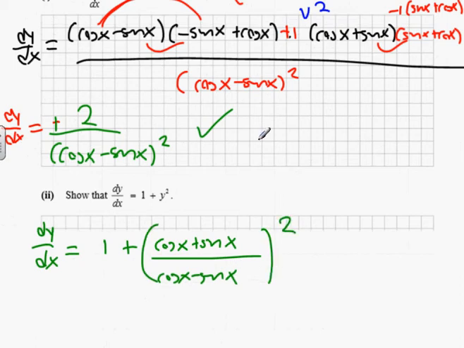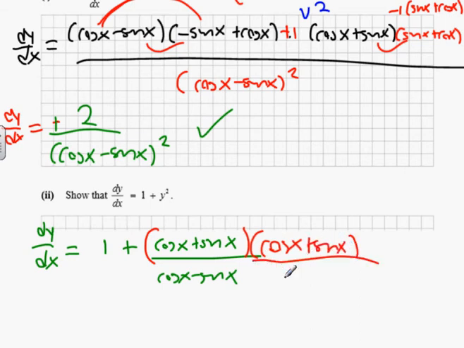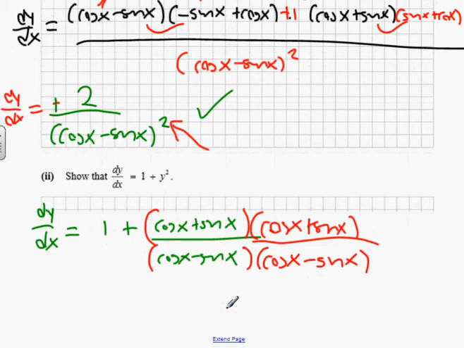Now, squared means square the top and the bottom, which in turn means square this part here and this part here, all over cos x minus sine x. Okay, and we're going to try and prove that it's equal to this thing up here. So let's see if we're able to pull this off.